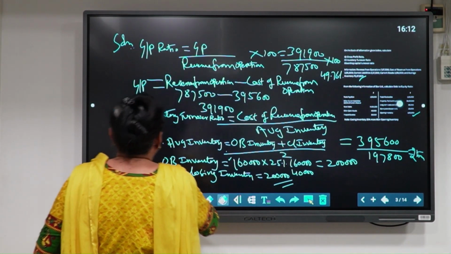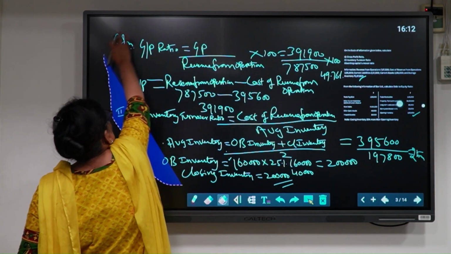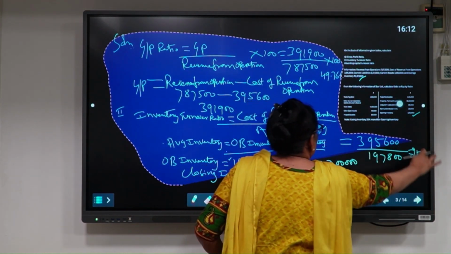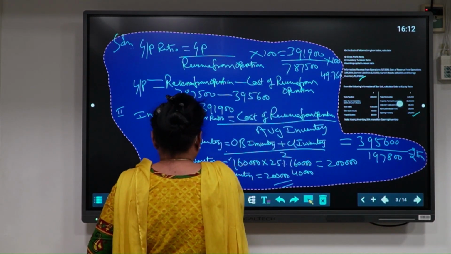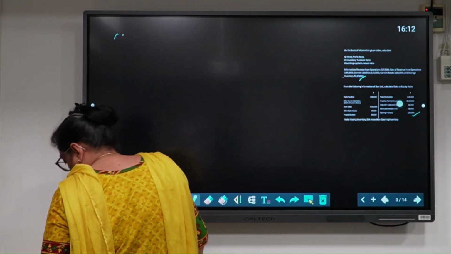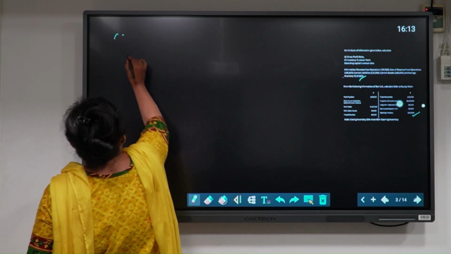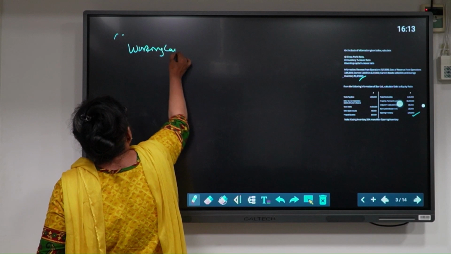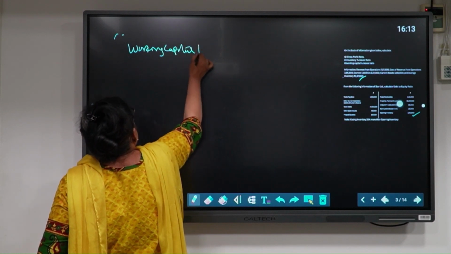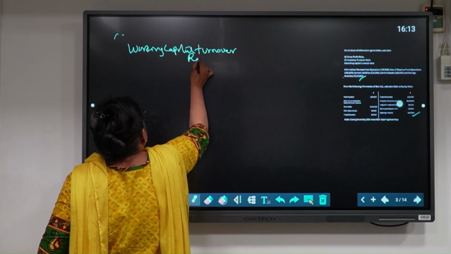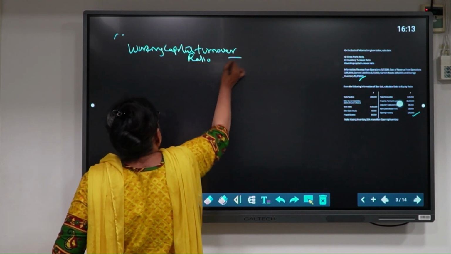Next part is what? What have they asked? Just see. Working capital turnover ratio. What is the formula for this?